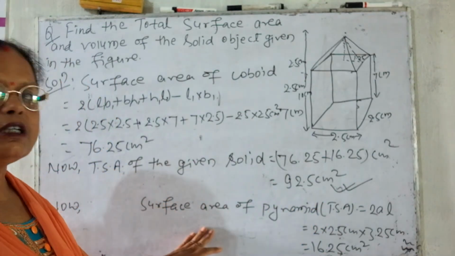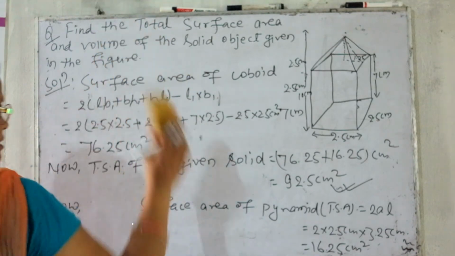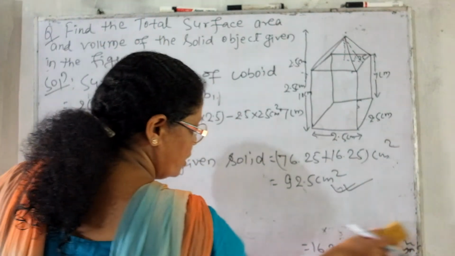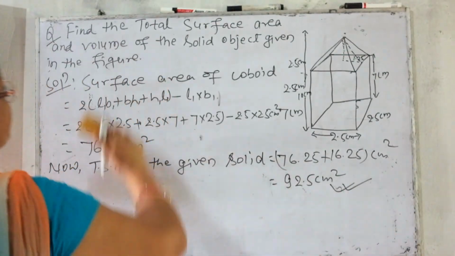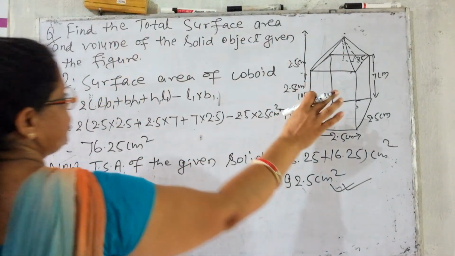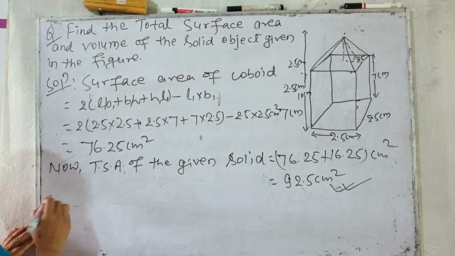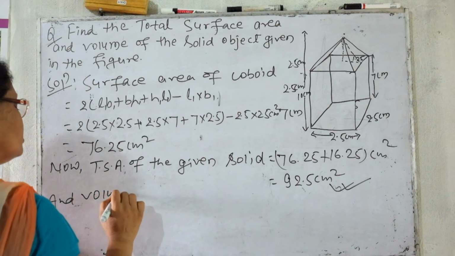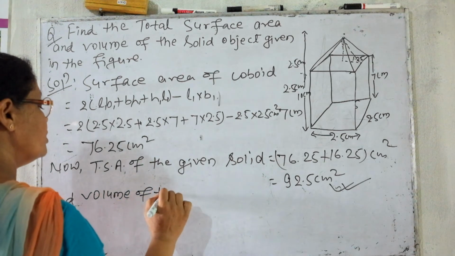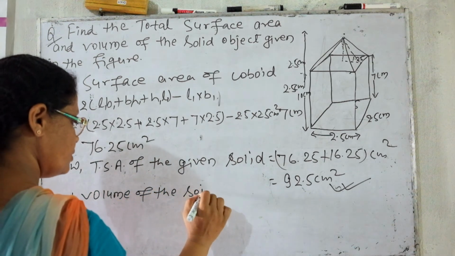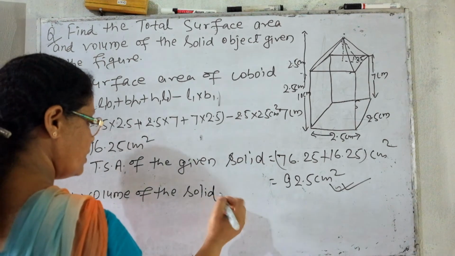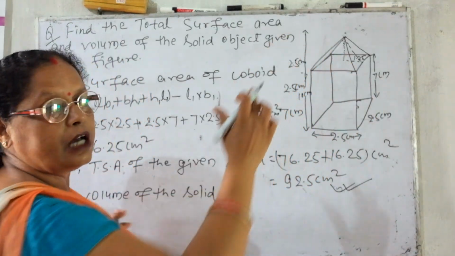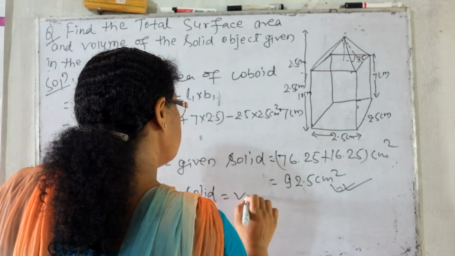Now we have to find its volume. Volume of the solid equal to volume of the cuboid plus volume of the pyramid.